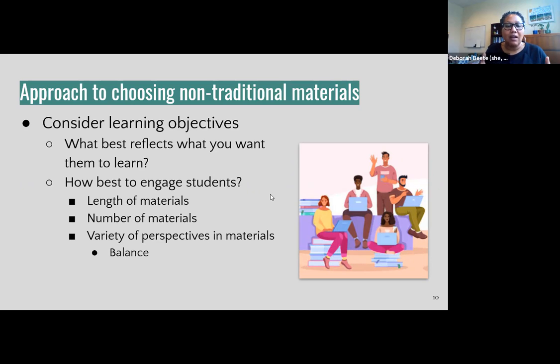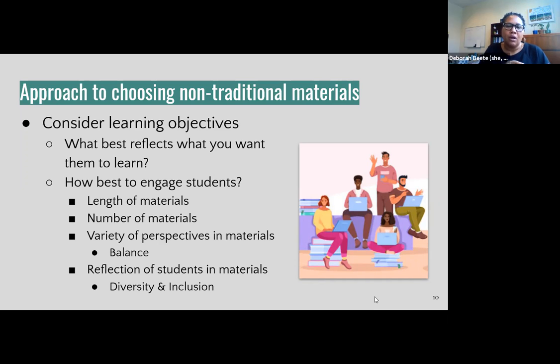So here I might give both an article that points out all of the pros, but also the cons of a particular topic that I might be covering, so that there's some balance, right? It's not all good. And then also some reflection of the students in the materials.